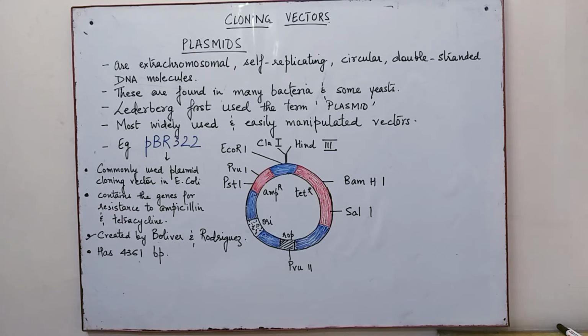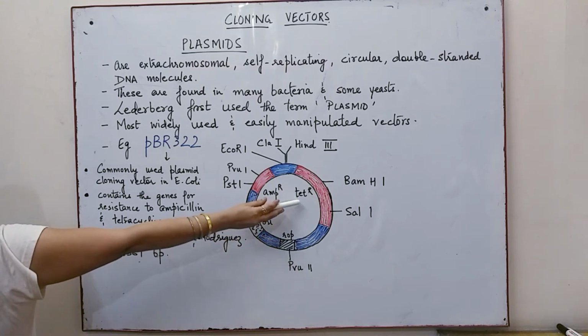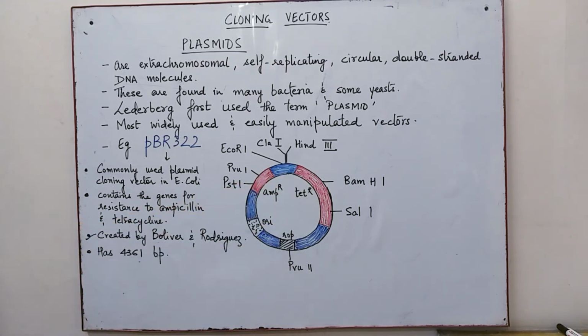That means the entire plasmid has 20 restriction sites, and 9 of them are within the tetracycline gene. So over here, this is the tetracycline gene, and within this it has 9 restriction sites. It is one of the earliest plasmid vectors.